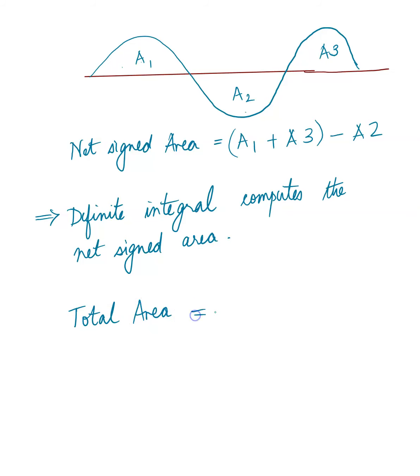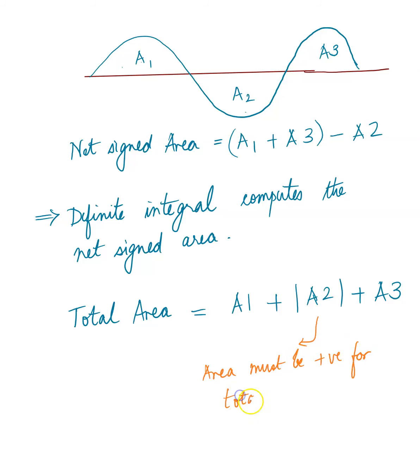If you wanted to find the total area for the same information above, then I have to do A1 plus the absolute value of A2, because you know A2 is going to be negative, but if you take the absolute value, it will return a positive, and then A3. So the area must be positive for total area, because as the name says, total area, it doesn't matter if it's above the x-axis or below the x-axis.